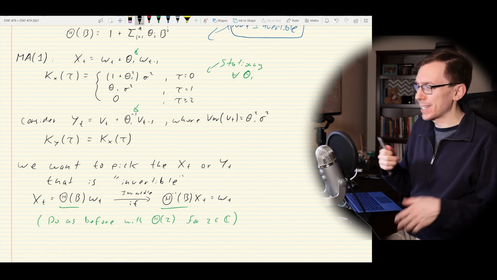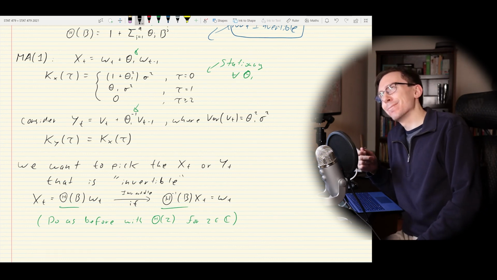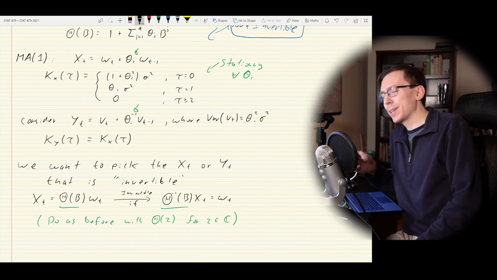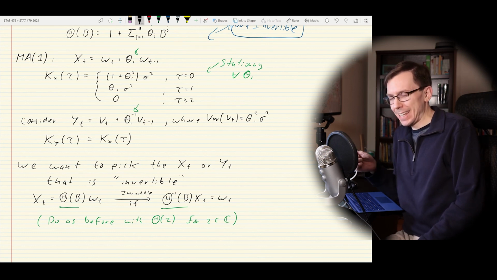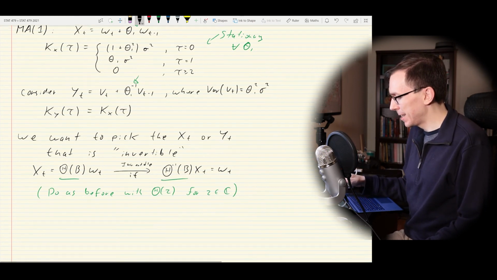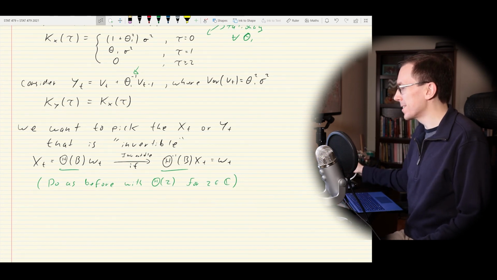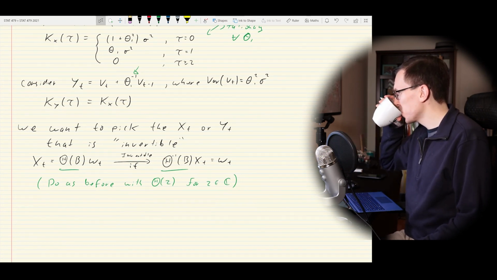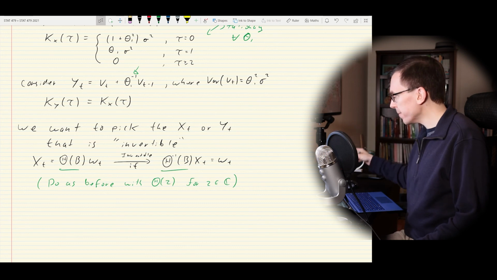Are the roots big enough? We want the roots to be large. They need to have magnitude greater than 1 so that their reciprocals are less than 1 so that our series works. Yeah, there's a lot of little pieces floating around here.